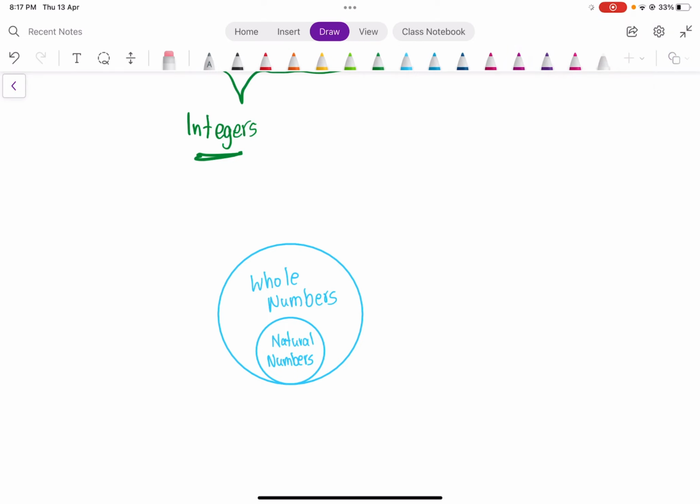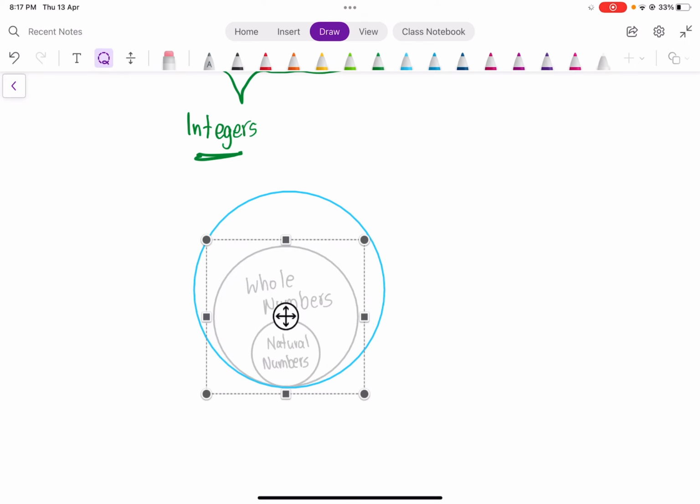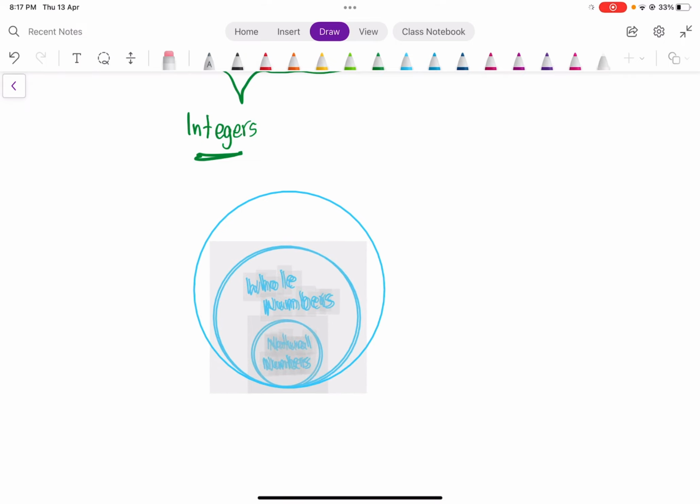Now our next circle, I am going to move this. Okay, and these are our, oh, that is not centered.